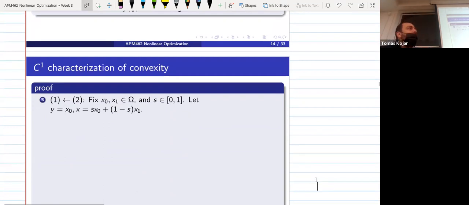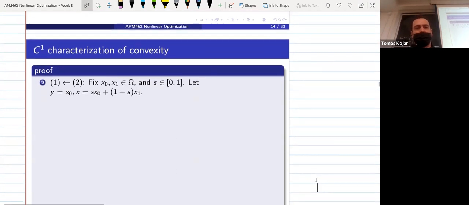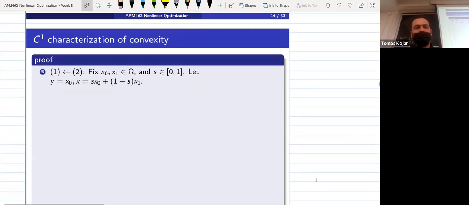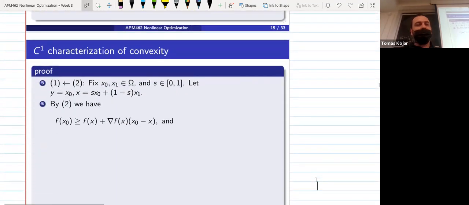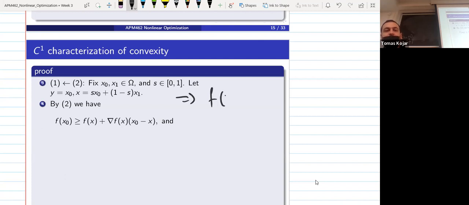Now let's go from that condition to convexity. That's more interesting, requires more work. So take two points, x0, x1. This was our assumption, and we want to show convexity. So I want to show that f of x is less than s times f of x0 plus 1 minus s times f of x1.